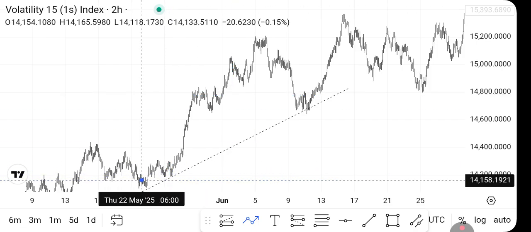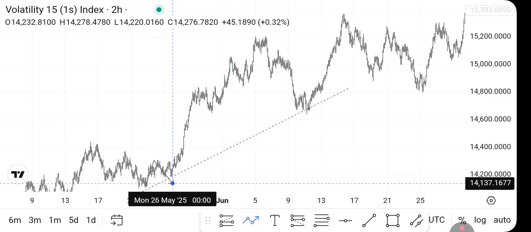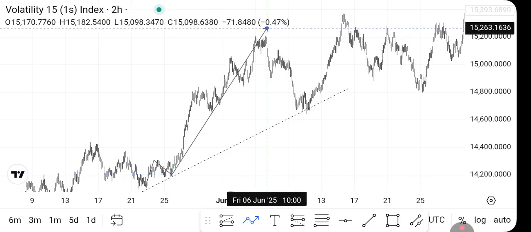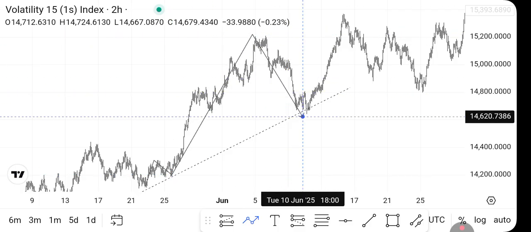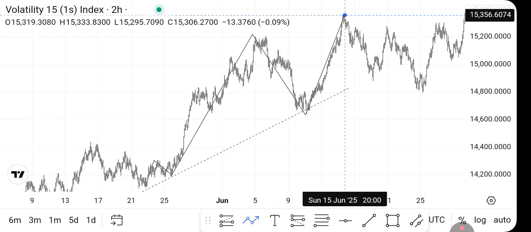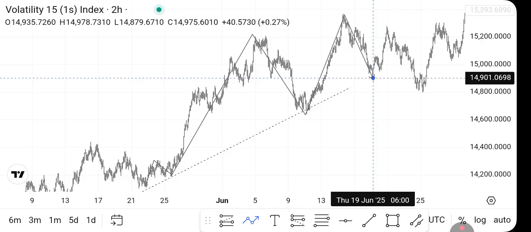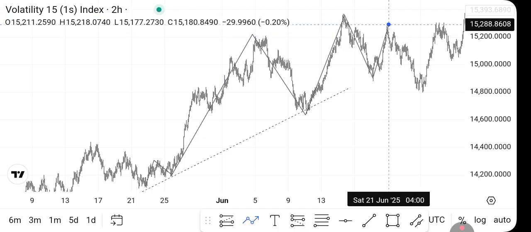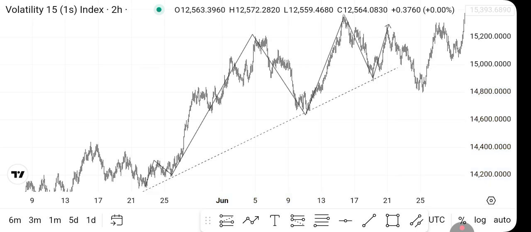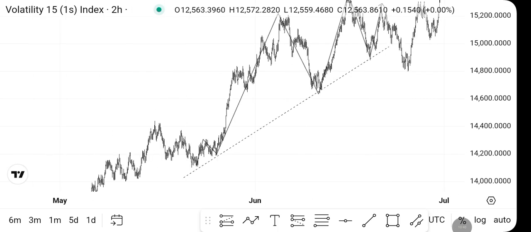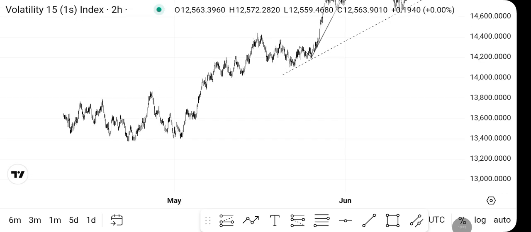Came from here, did this, right? Bounced off again from here, came like this again, moved up, right? Still came back on it, because if I extend this, I'll be having this. Then moved, right? So that's one way of checking the bias of the markets.